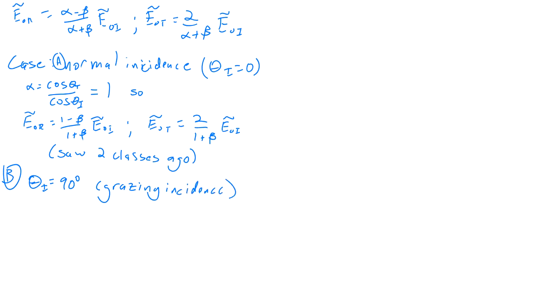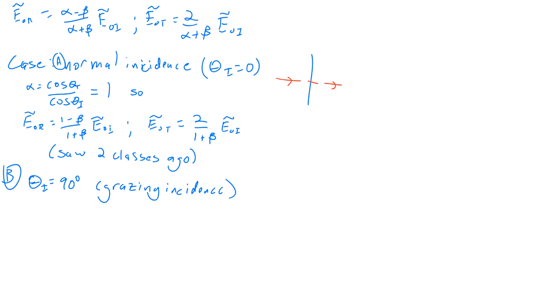So if this was the interface between the materials, normal incidence, 0 degrees, would be the light coming in like this, and it's going to keep going through like that.